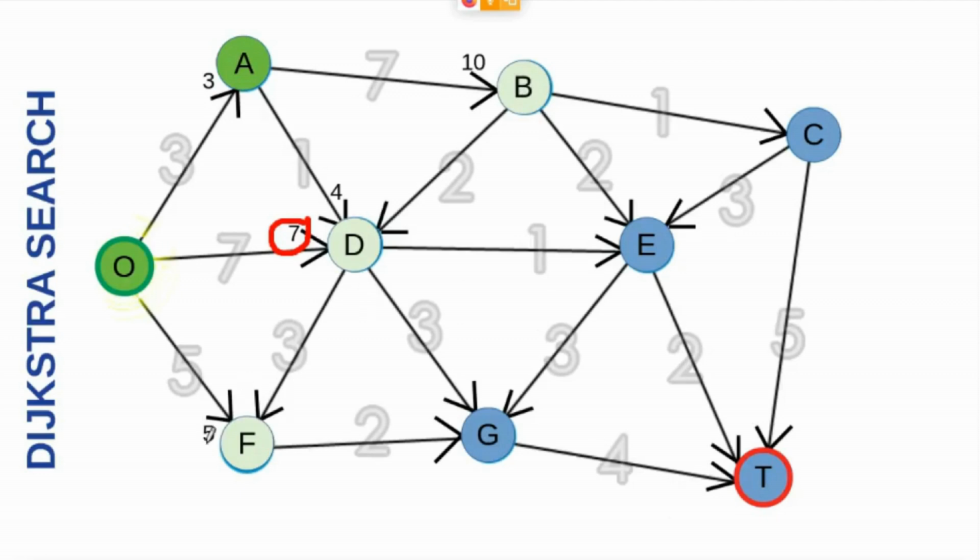Here we have a 5, not bad, 7, 4, and 10. So we have a 4 in here, right? So we decide about O, A, and D, right? Because we found this 4 thanks to this path, right? So that's why O, A, D.